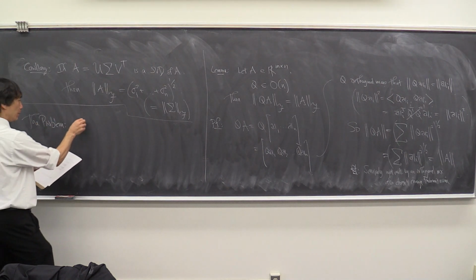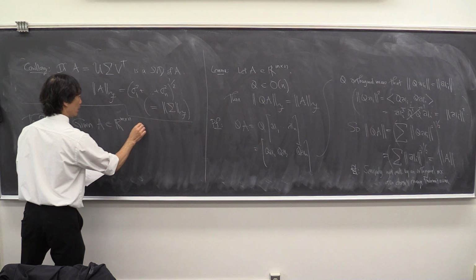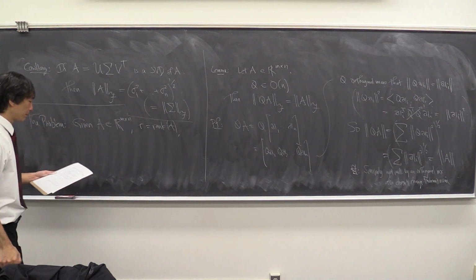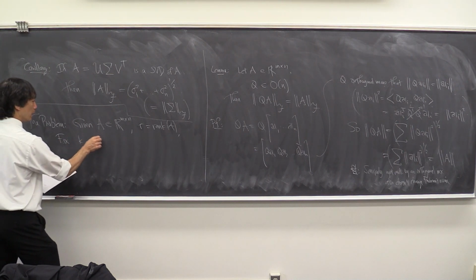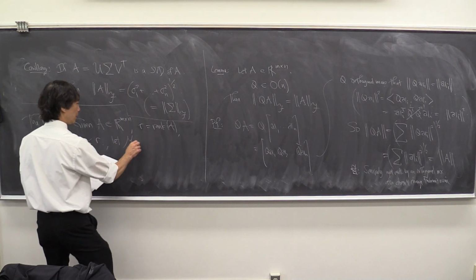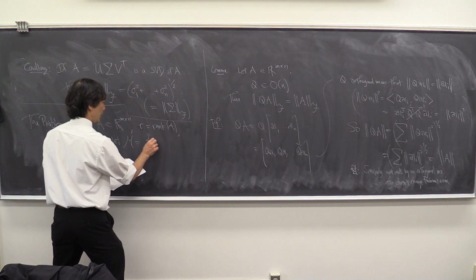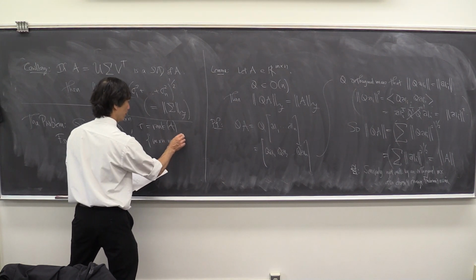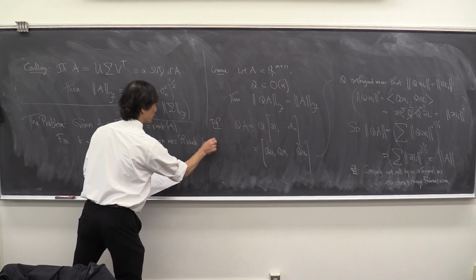The problem is, given an n by n matrix A with r being the rank of A, fix some k smaller than r, and let M be all n by n matrices of rank k or less.